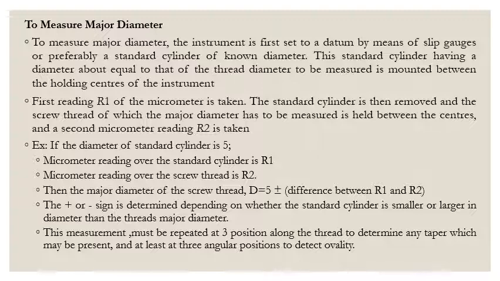And cylindricity is another important parameter, which can be ensured by taking an average reading at 3 different locations over the length of the standard cylinder. So that is the procedure of measuring the major diameter of a given screw thread using a floating carriage micrometer.